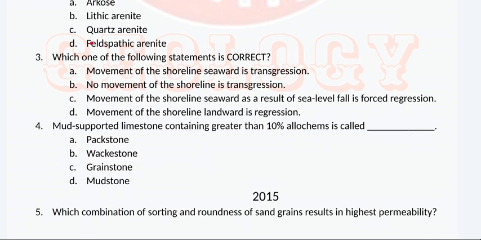Which of the following statements is correct? Mud supported limestone containing greater than 10% allochems. According to Dunham, mud supported limestones have two types of rock. One is mudstone, another is wackestone.